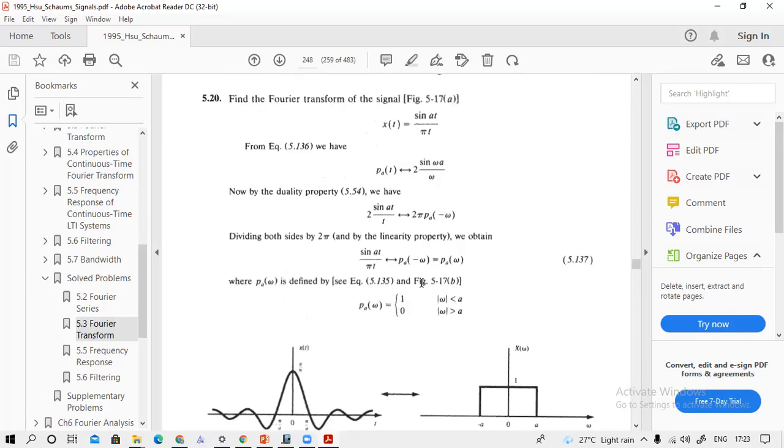You can see that here it is PA tau sine omega naught A, and sine omega naught A PA.